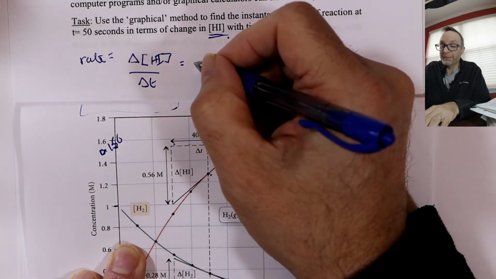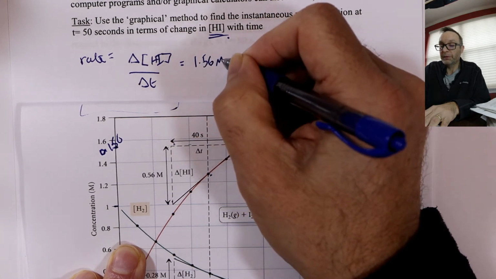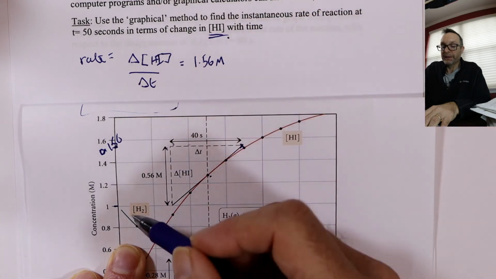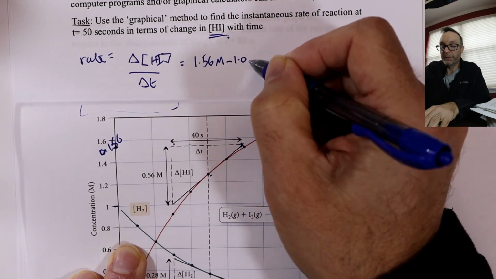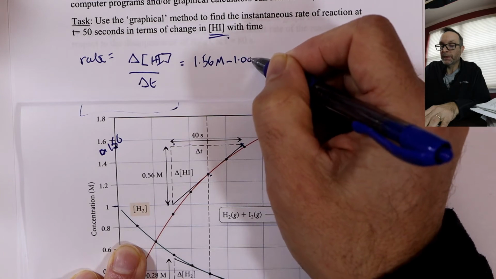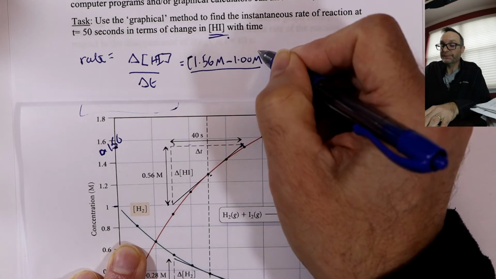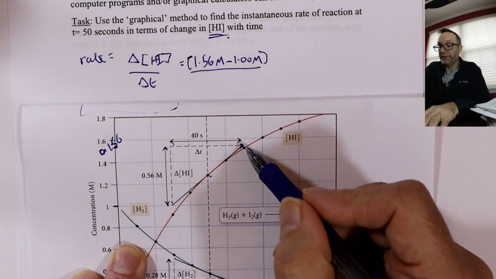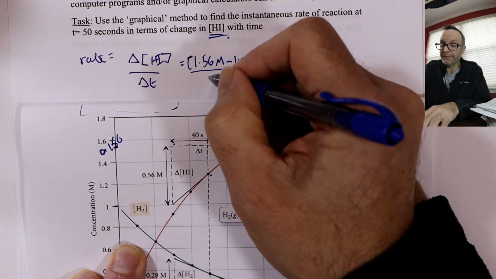So the final is 1.56 moles per liter. Initial 1.0 mole per liter. Divided by, put it in brackets, time. Well, final time looks like 70 seconds.